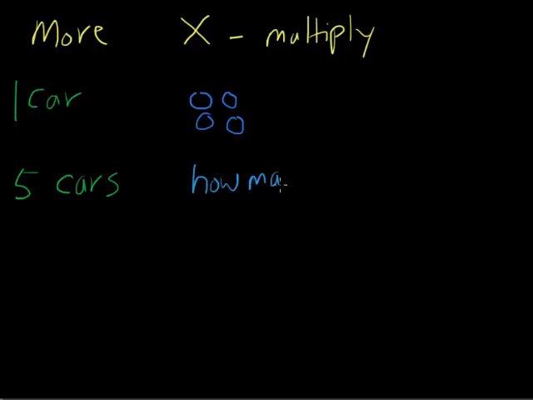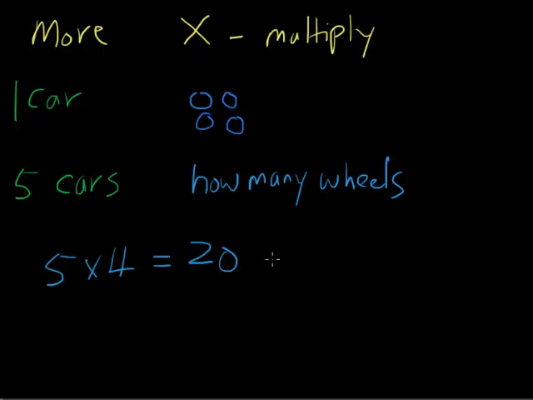Well, it's a multiply, right? Because if one is 4 wheels, then 5 cars, we should get 5 times 4 equal to 20 wheels.